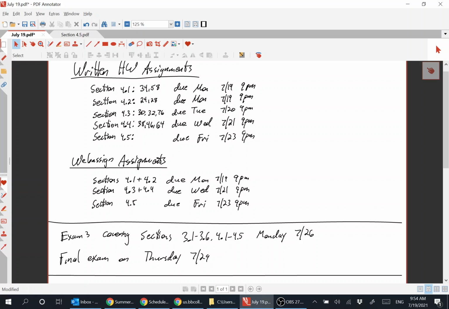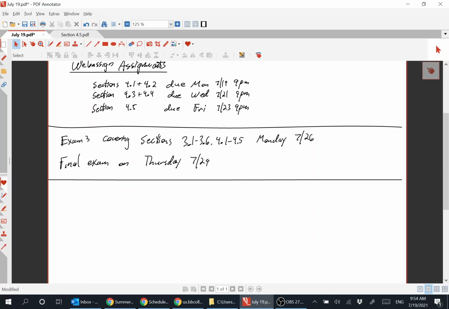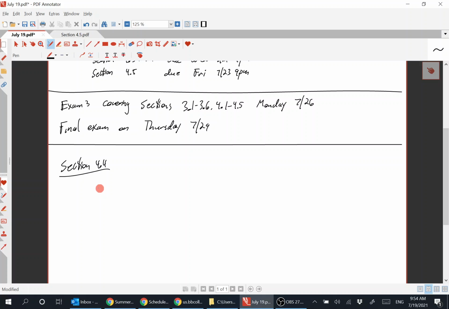So last time we went over section 4.4. So just a few problems in section 4.4. Let's do a quick review. There were 3 logarithm formulas for expansions.